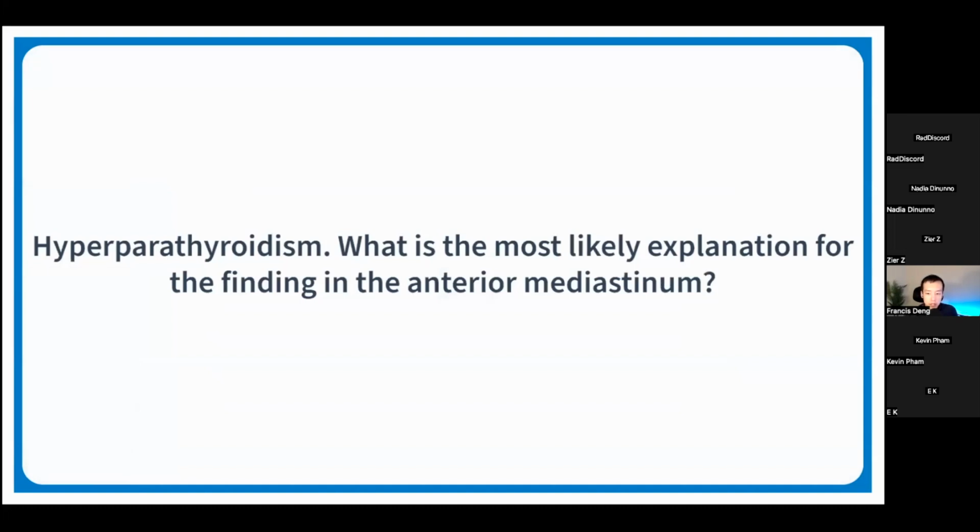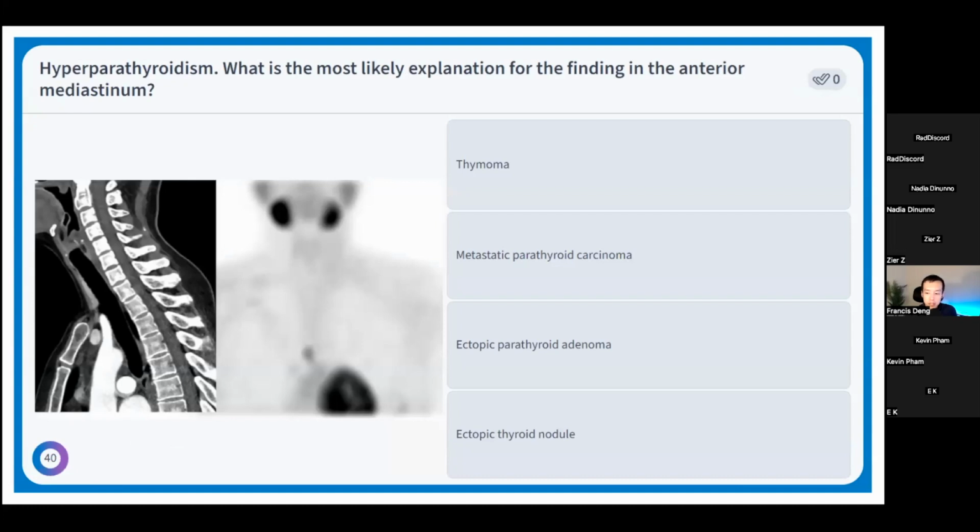Hyperparathyroidism. What is the most likely explanation for the finding in the anterior mediastinum?